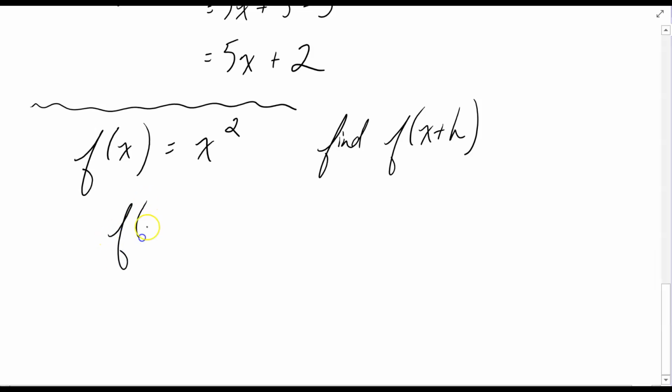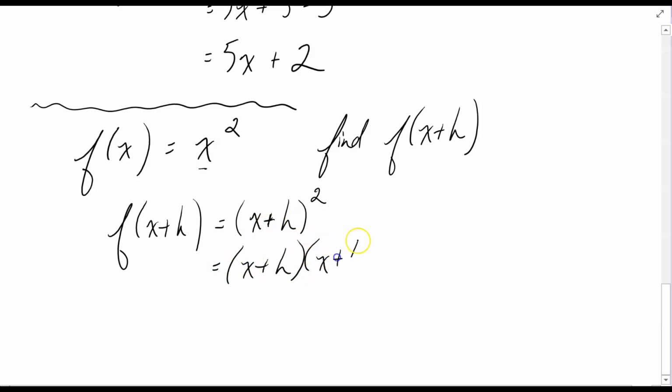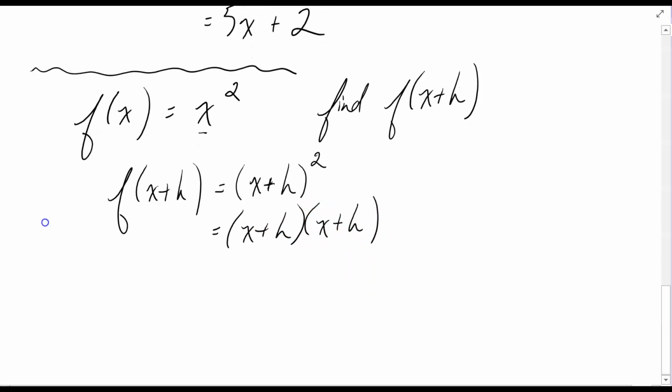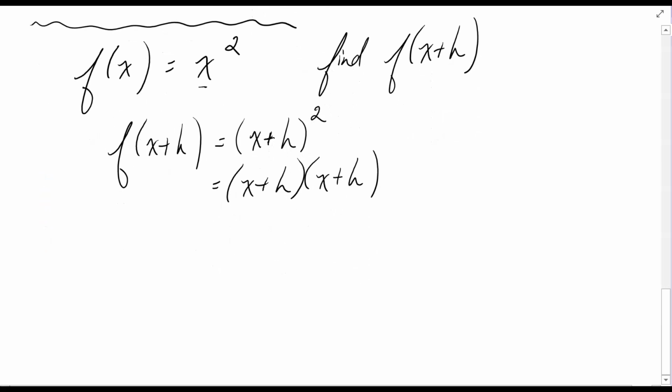So f of x plus h is equal to, well, whatever I have for my x is getting squared. X is not x anymore, it's now x plus h. And that means x plus h times x plus h. And think back to how you find the product of that binomial.